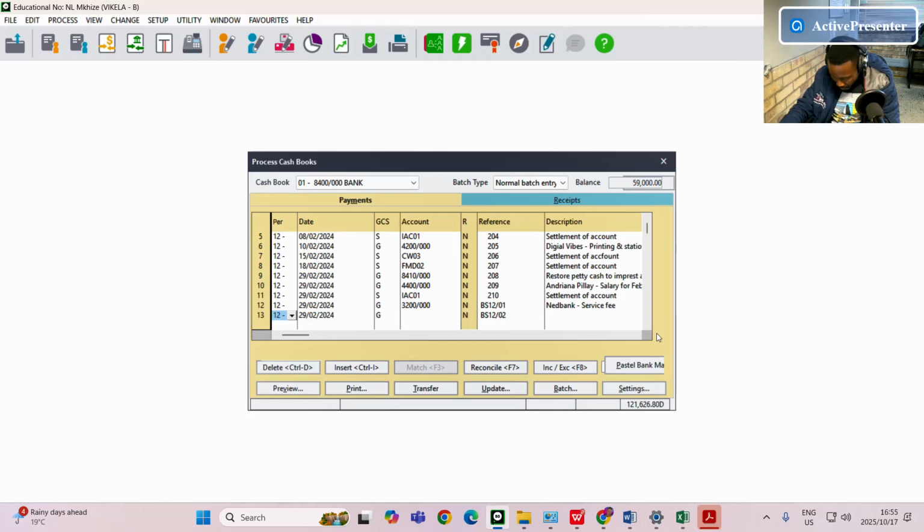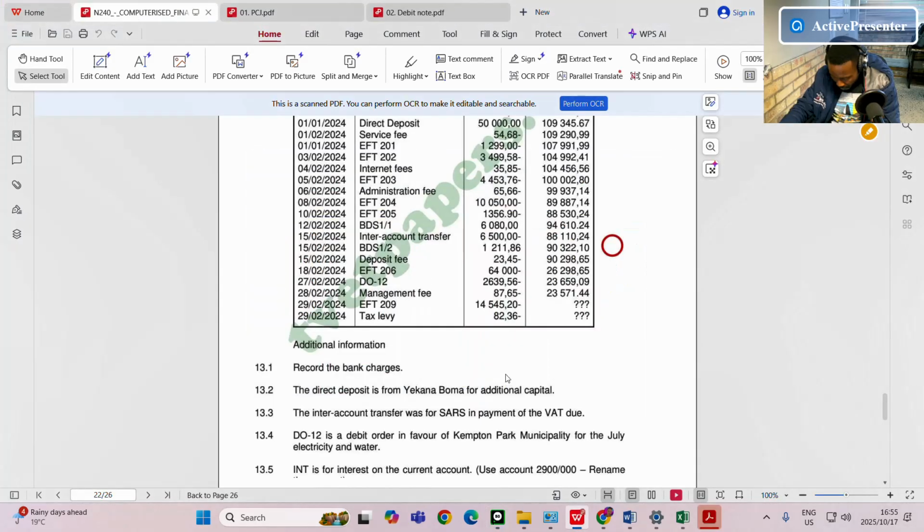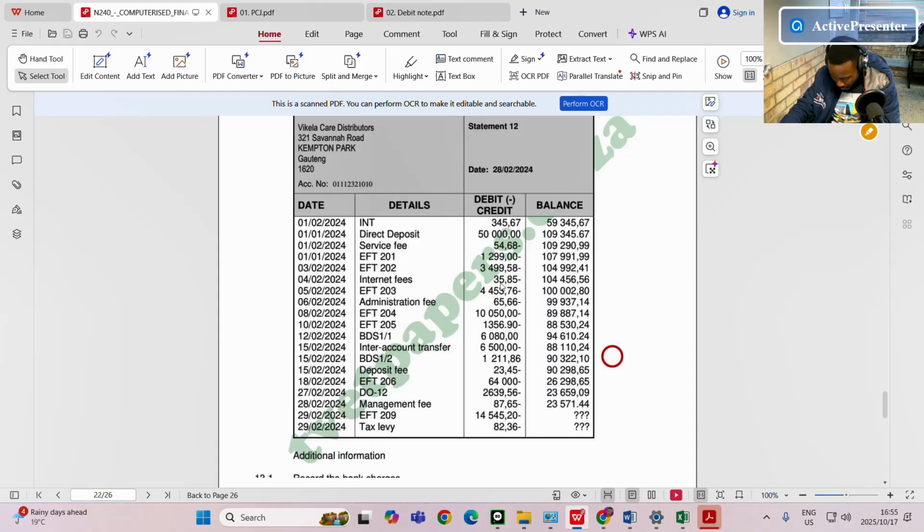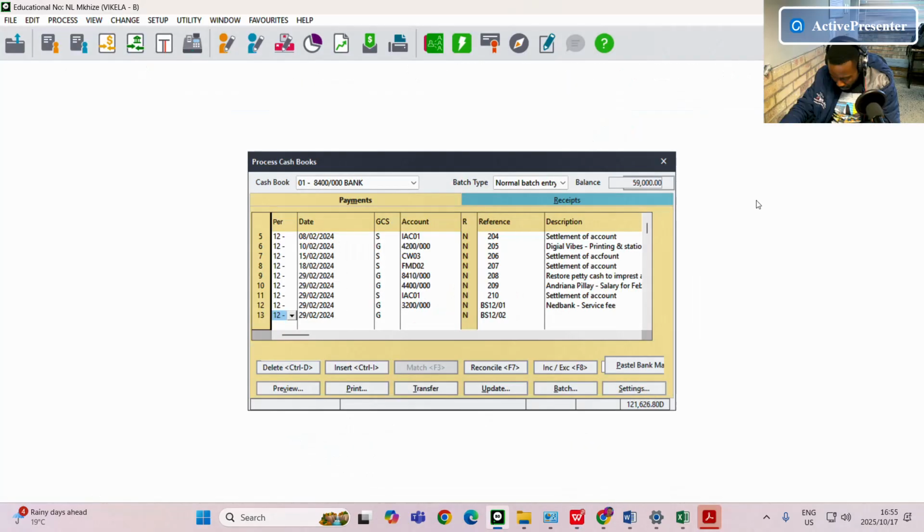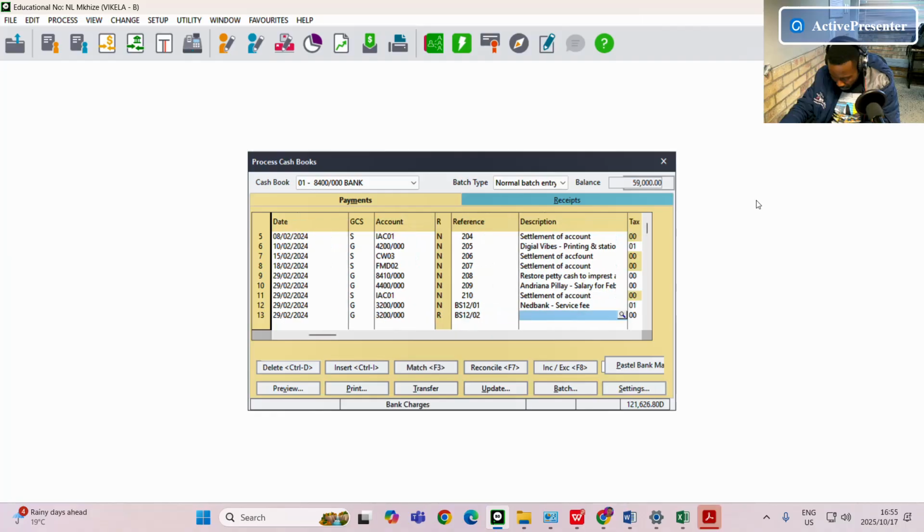Here are the internet fees. I will also record them under bank charges, and then it's NetBank internet.